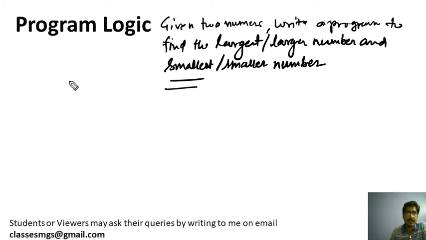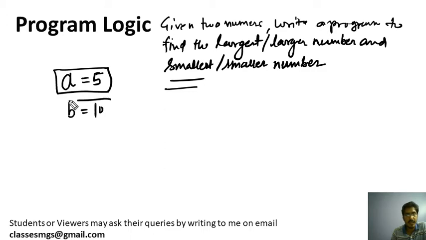So what is the meaning of this? We will take two numbers. Let's suppose in mathematics, I am having the number a equals 5 and I am having another number b equals 10. Then tell me which is the bigger number. In mathematics, how do you tell?